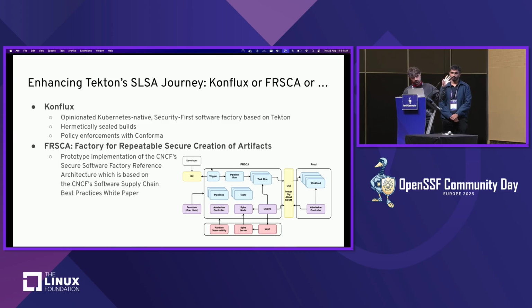I listed 2 examples, and there's probably more. There's the Konflux project from Red Hat, which is essentially doing whatever we did, but it's done for you. The only difference is it's doing hermetically sealed builds through unshare, and it's enforcing things with a project called Conforma. So it's going to validate everything after the fact.